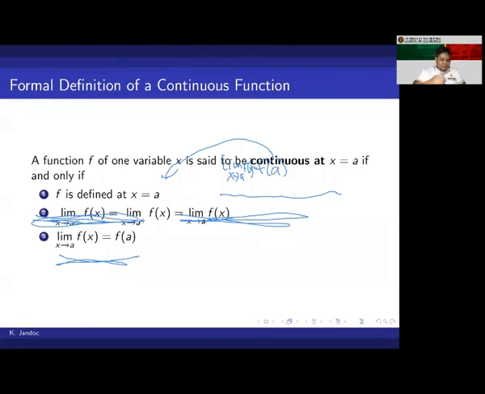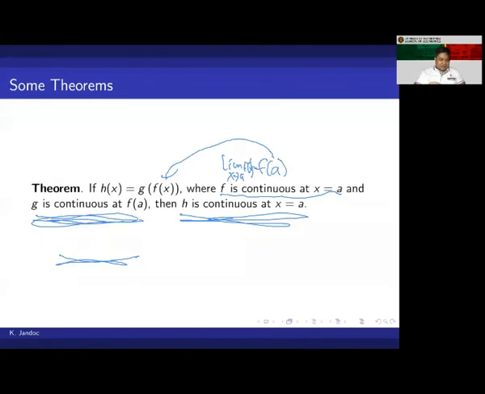If that's true, then in this composite function, f of a exists. And if f of a exists, and you put f of a into g, and g is also continuous at f of a, then this composite function h of x is also continuous at x equals a.